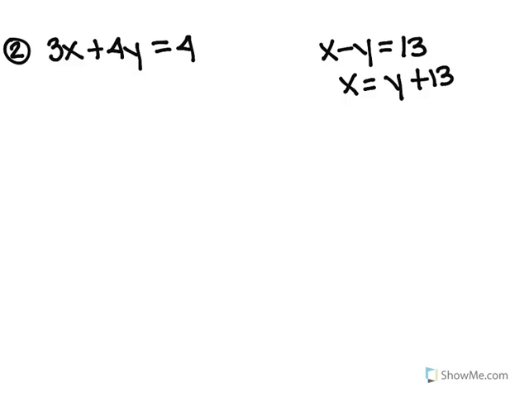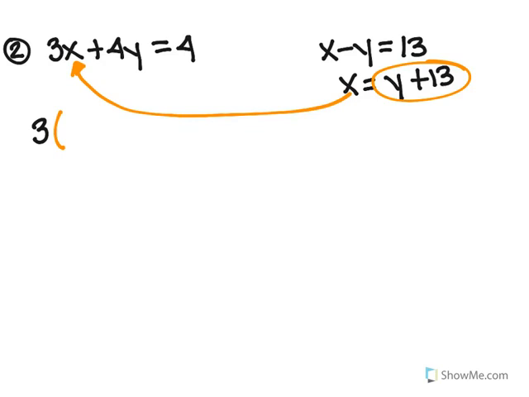So here I go with my substitution. In the place of x in the first equation, because it says x equals, I'm going to plug in y plus 13. So I have 3, and I put it in parentheses, y plus 13, so you can see my plug-in, plus 4y equals 4.